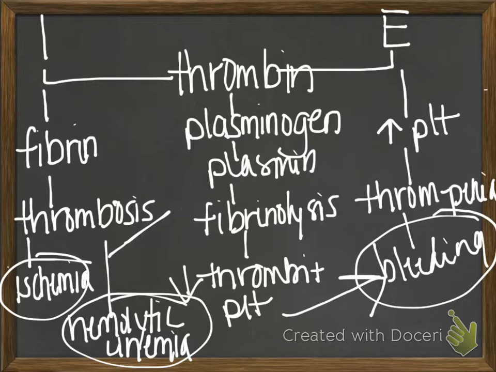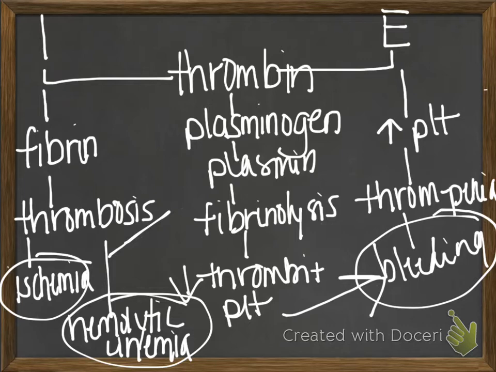It causes intravascular fibrin deposits, it causes the activation of plasminogen, and it causes an increase of platelet consumption. If you look on the left side of the screen, we have that intravascular fibrin deposit, which causes thrombosis, which leads to tissue ischemia and hemolytic anemia.